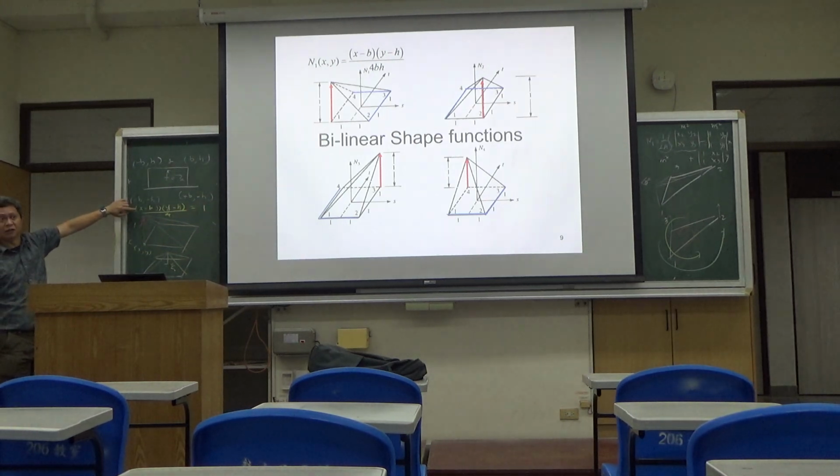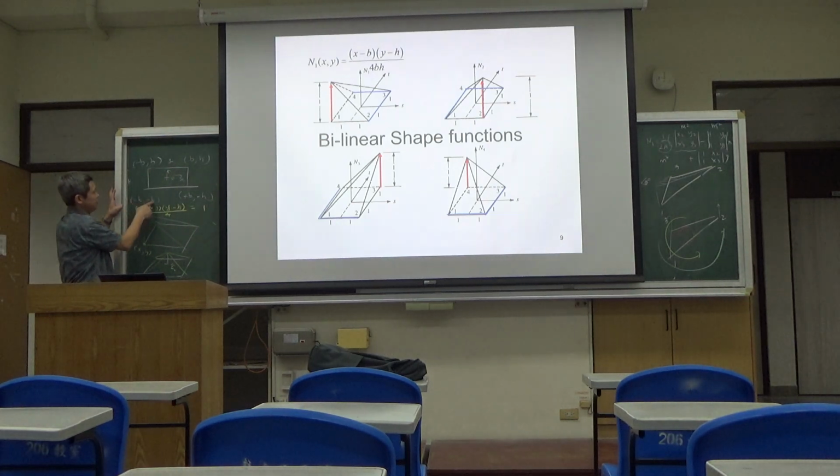看到没有？你如果这个位置是负 b 负 h，你直接 x 减掉 b，y 减掉 h，相乘，然后除以4，这个是负 b 负2个 b，负 h 负2个 h，除以4。How do you find the shape function?